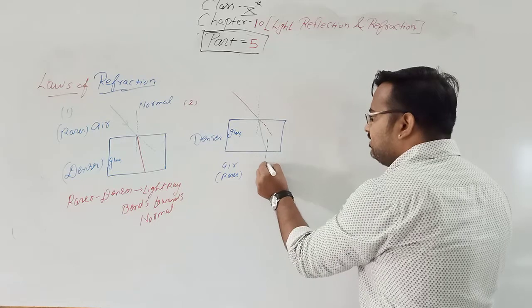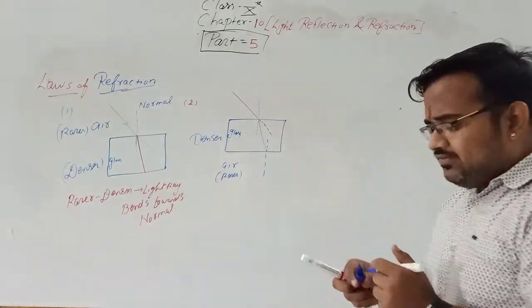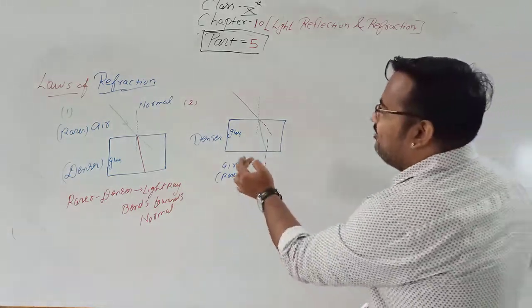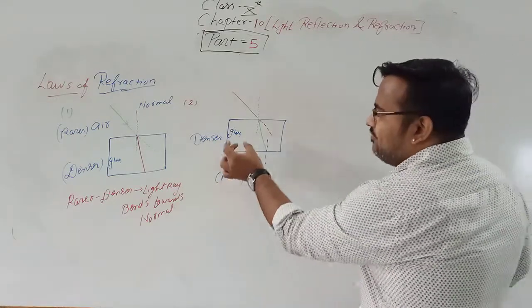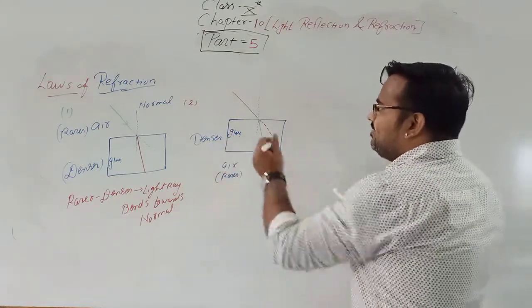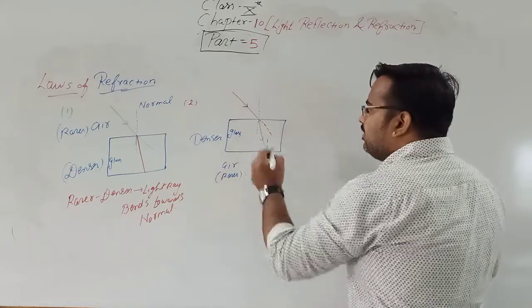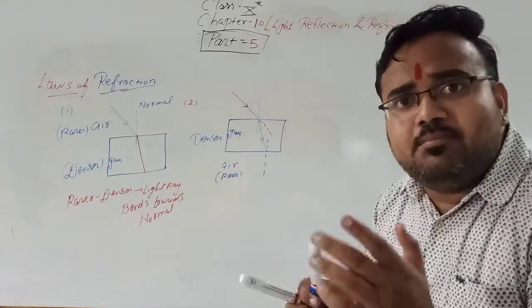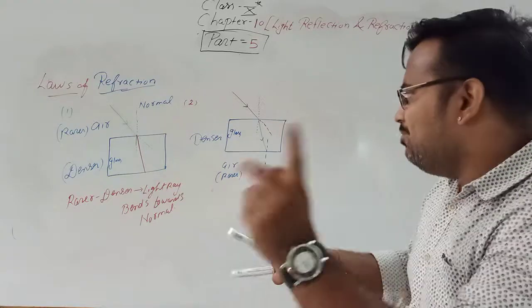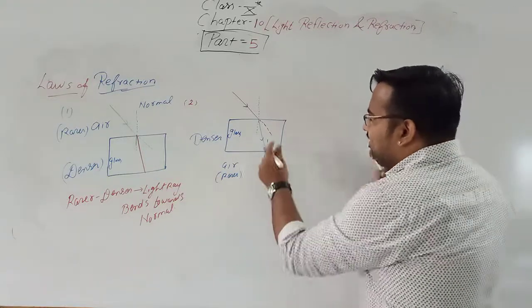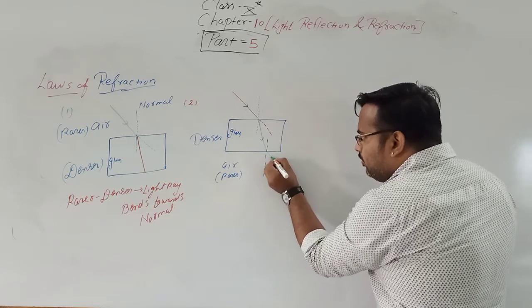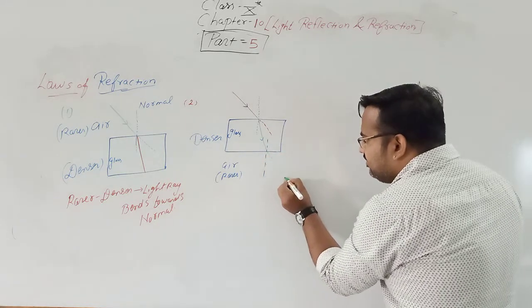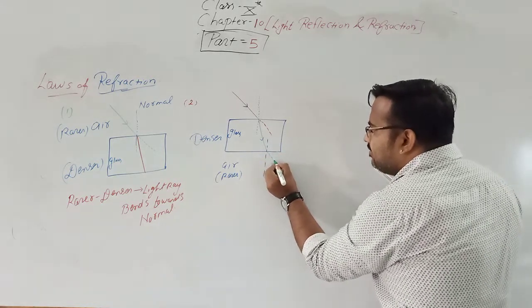Now, again I will draw one normal to this plane. See, now the second law says that when light ray travels from denser to rare medium, then it will bend away from the normal. See, this is the emerging ray and it should follow the same straight path.